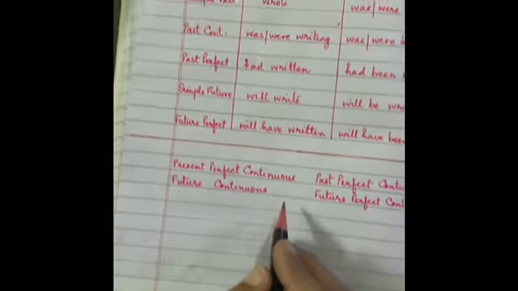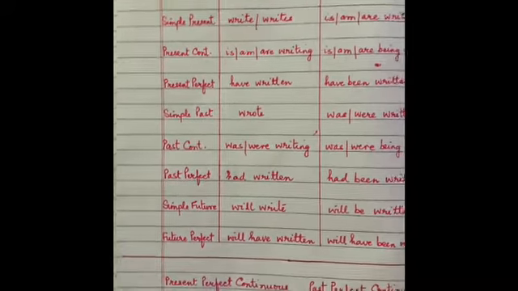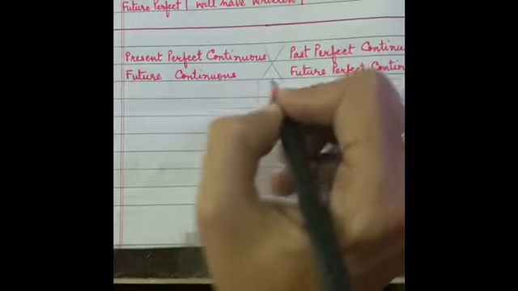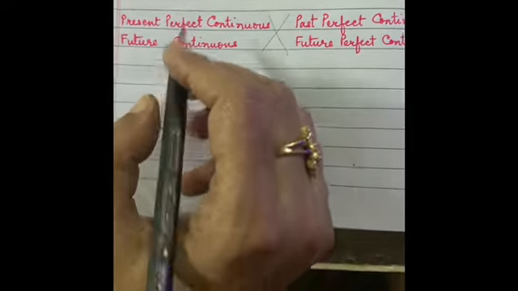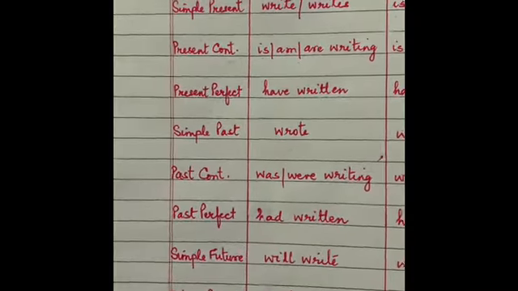Actually, in English grammar, we don't convert the sentences of these 4 tenses into passive voice as they are not grammatically correct. Okay, now we will see the examples of each of 8 tenses to make the things clear.